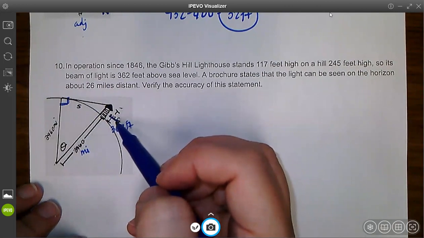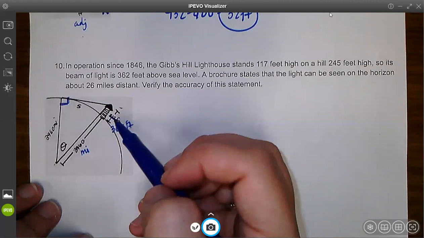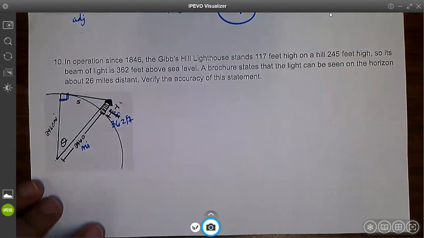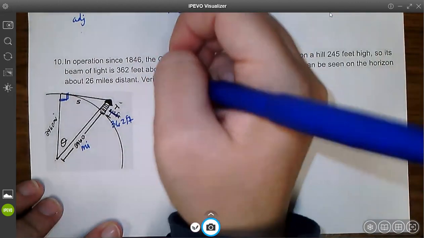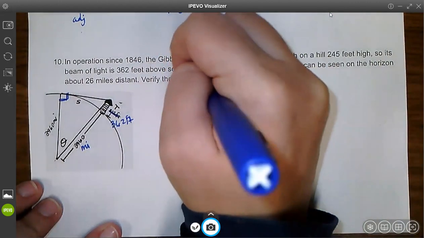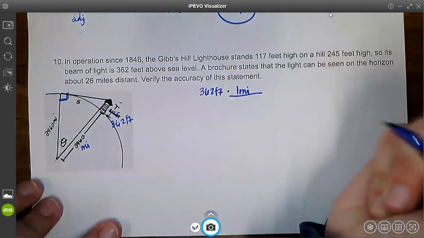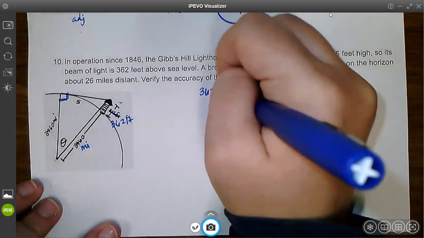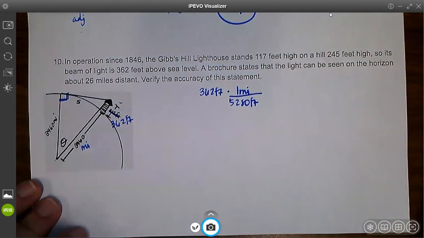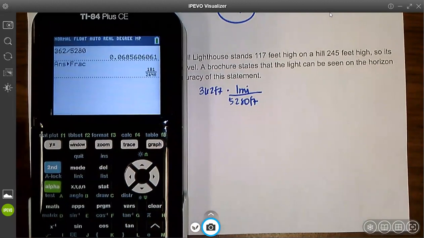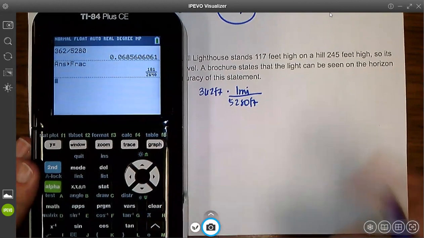So I'm going to convert the feet into miles. To convert that, I have 362 feet. I have 1 mile, and 1 mile has 5,280 feet. So I'm going to convert that. 362 divided by 5,280. And I'm going to make that a fraction, 181 over 2640.